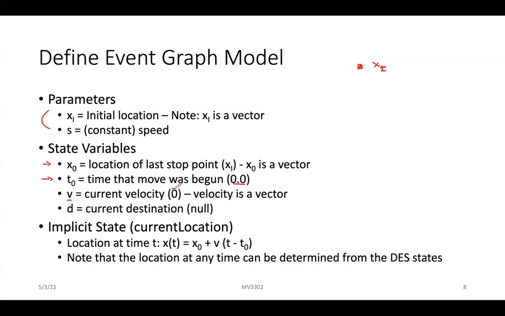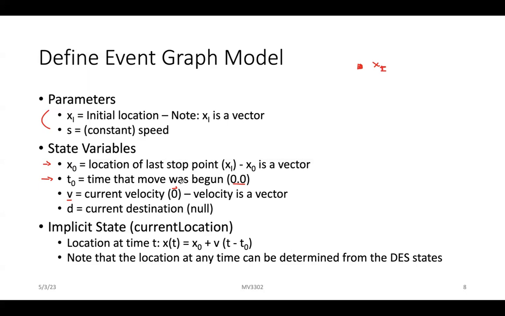Now, just in terms of notation, you've probably seen notation where you put a little arrow or somehow denote a vector. For whatever reason, that's a pain to keep doing.